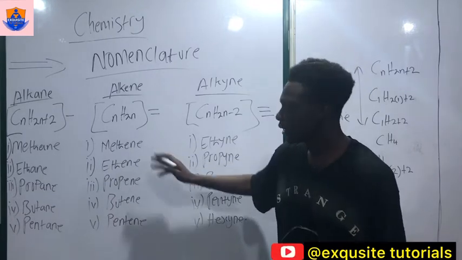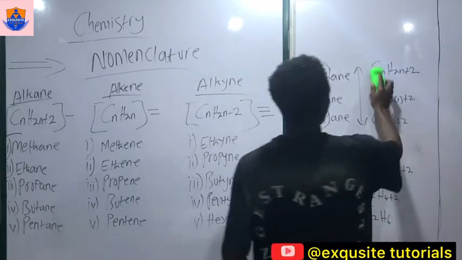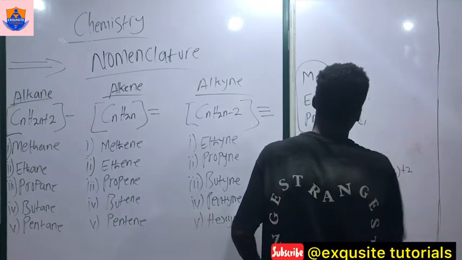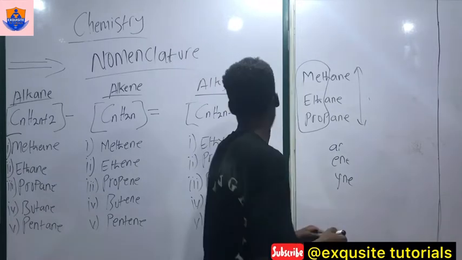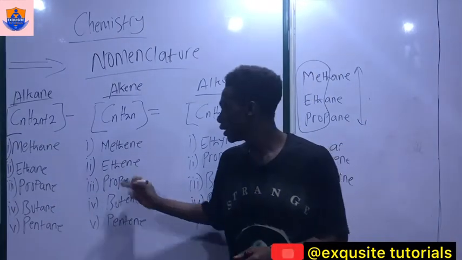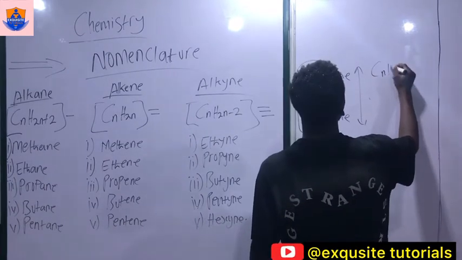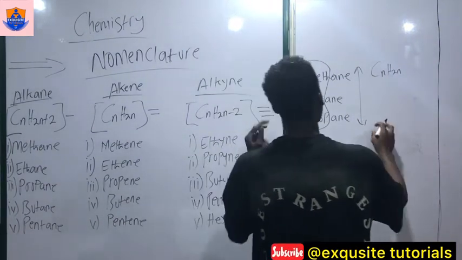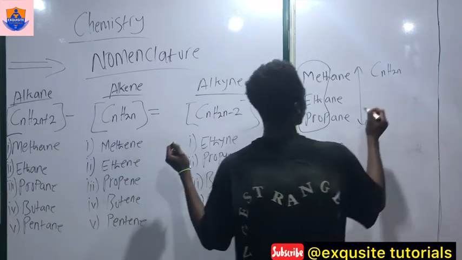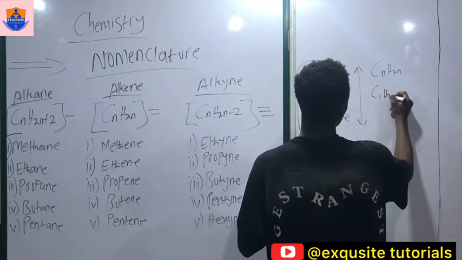Now for the alkene, we're using the formula CnH2n. The first member of the alkene is methene, so we have C1H2 times 1.